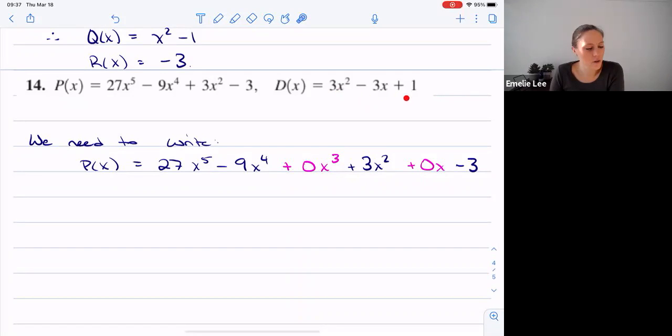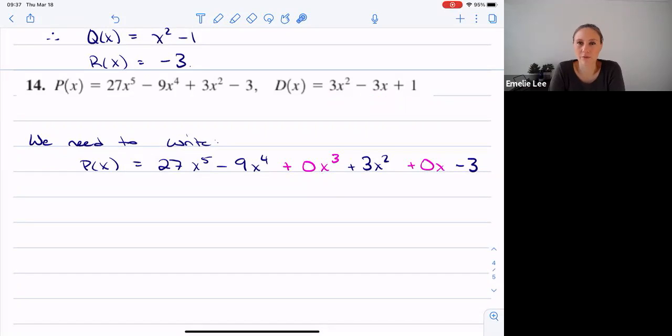Here, I don't think, well, it's not something you have to worry about, but I actually don't think we need to have all the terms listed properly here. I don't think so. I think we can just go for it.